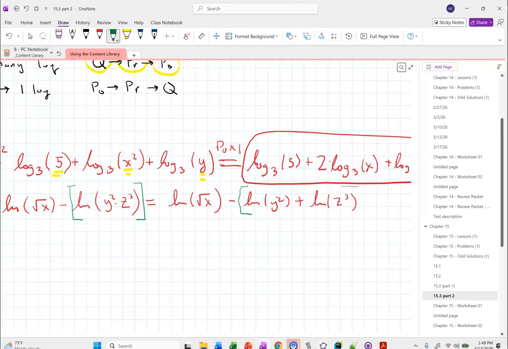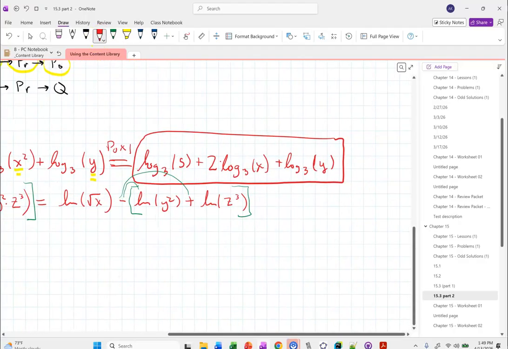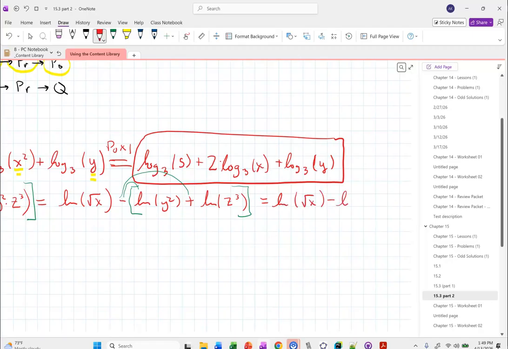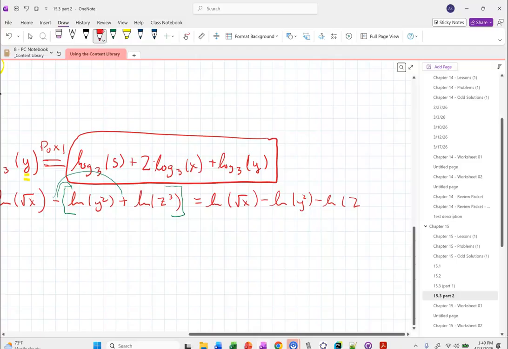So when I apply the product property, the result is negative. So there's like a missing set of parentheses. So this negative sign should distribute through. And that should be where we're at.